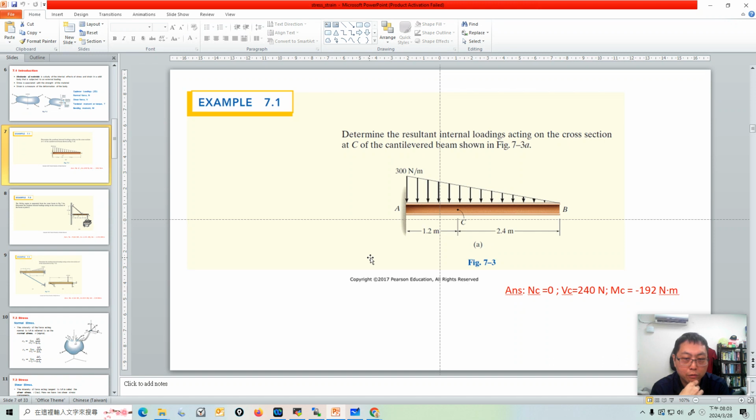In that video, if we want to calculate the internal force at section C, we cut the section at C, and then we use the CB section to do the calculation and obtain the internal force across section C.